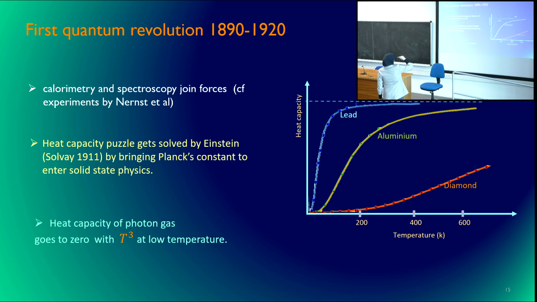At some moment, Einstein and Planck, with the quantization of the frequency, could understand why heat capacity is going to 0 at 0 temperature.